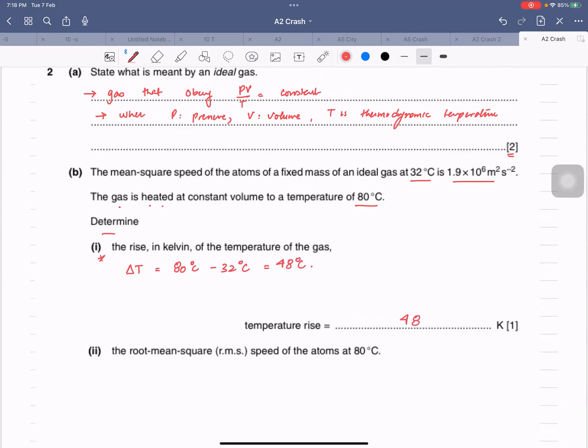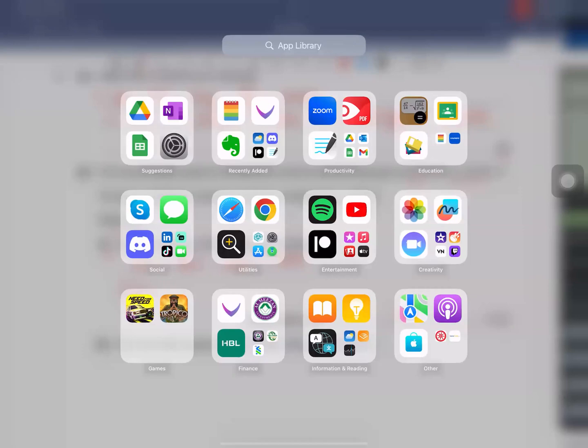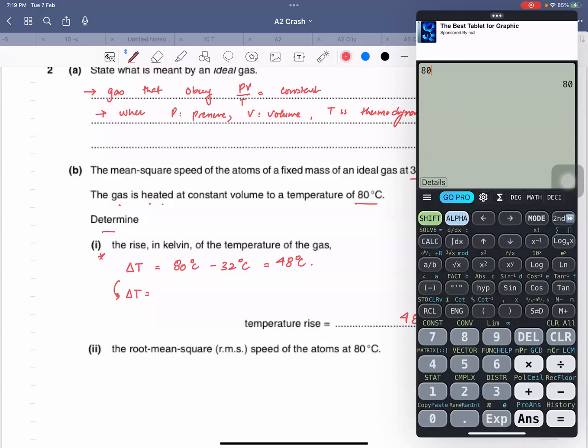Now there's a reason behind it. When you're finding the change, even if you convert into kelvins, 273 plus 80 is 353, and 273 plus 32 is 305.